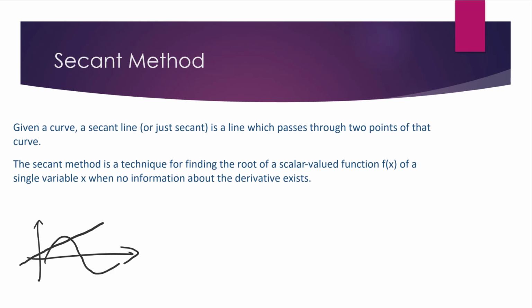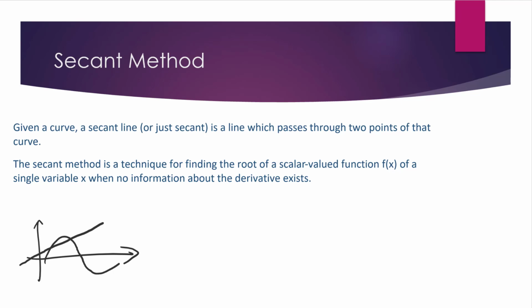The secant method is a technique for finding the root of a scalar-valued function f(x) of a single variable x when no information about the derivative exists. The Newton-Raphson method is a very powerful method for finding the root of a scalar-valued function. However, it requires the derivative of this function.